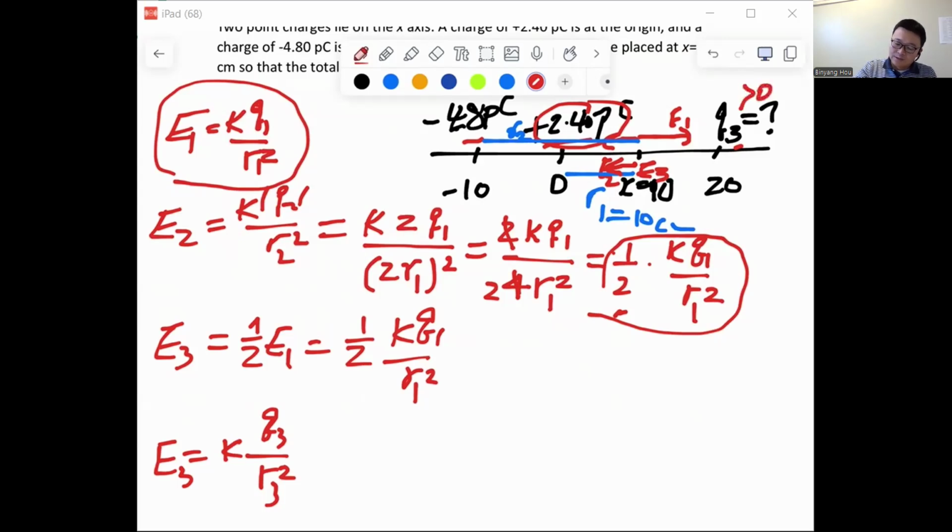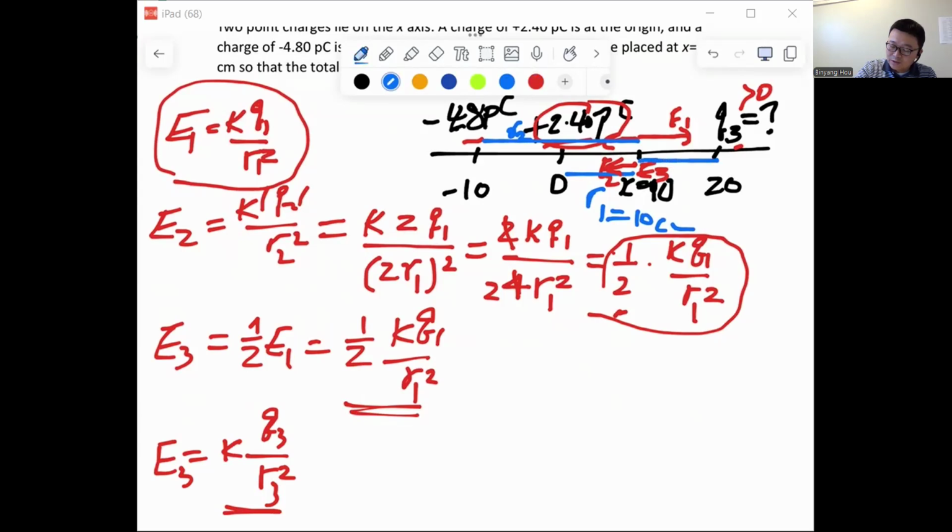Okay. So then k times the absolute value of Q3 should be just Q3 because it's positive. Okay, and this guy and this guy are equal to each other, so you can see k and k will cancel at some point, but for R3, it is from here to here.